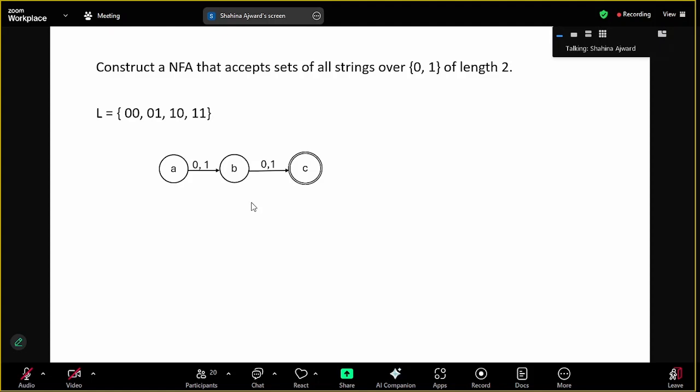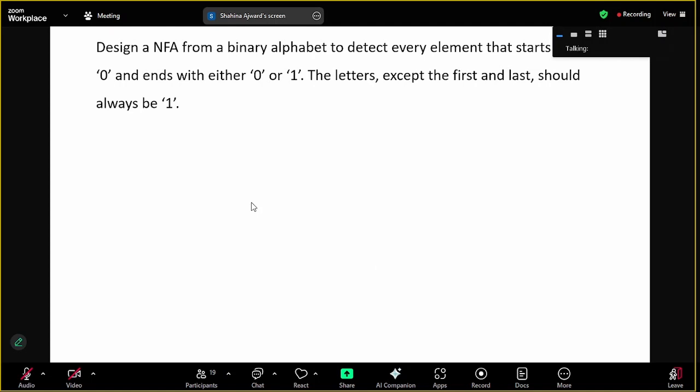So here we have exactly three states: the start state, then this could be 0 or 1, and again this could be 0 or 1. That's it. Now you have another question. Can you try this?